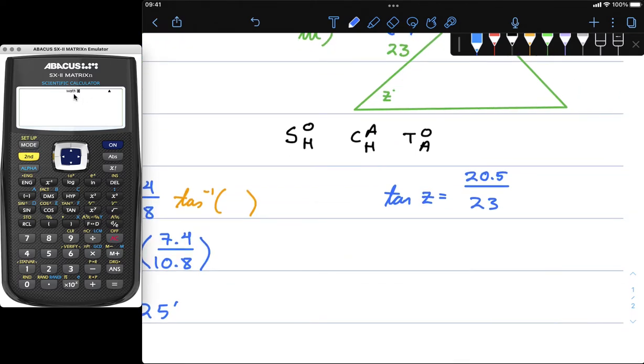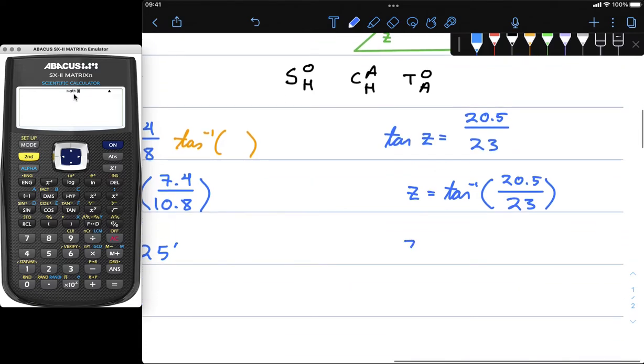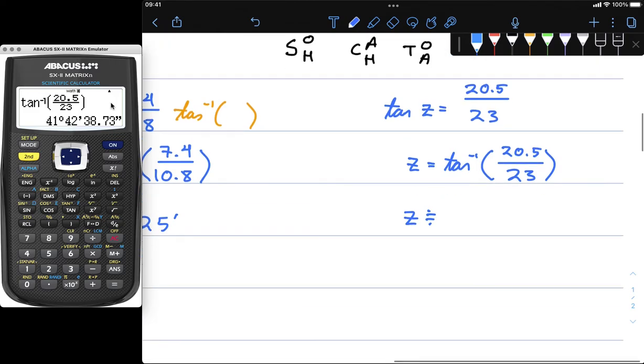Taking the inverse of both sides, we get Z is equal to tan inverse 20.5 divided by 23. Rounding this to the nearest minute, we get shift tan of 20.5 divided by 23, closing our brackets and pressing the degrees minutes button, we get 41 degrees and 43 minutes. That's rounding to the nearest minute for this one.